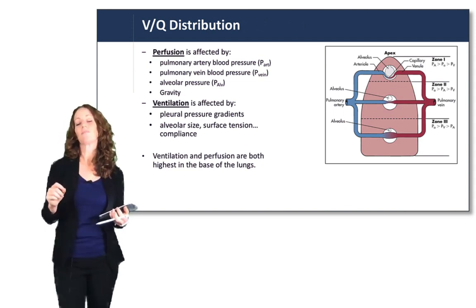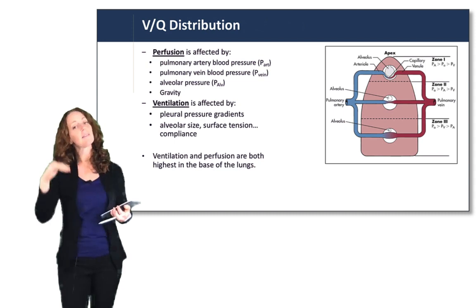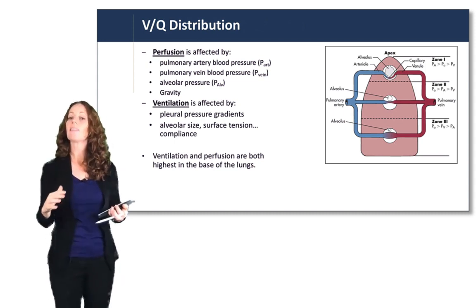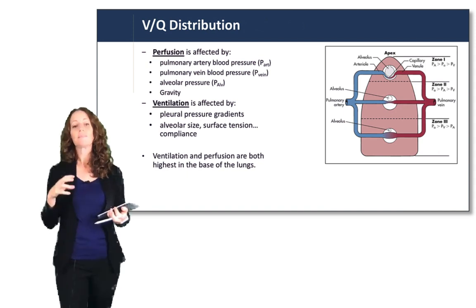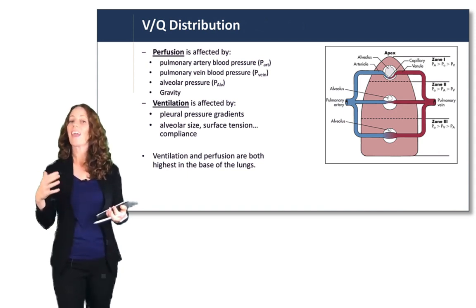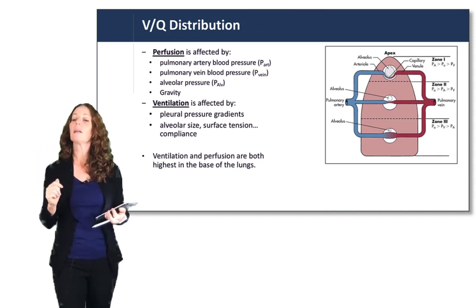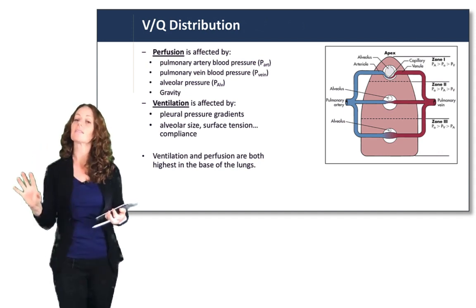The ventilation and perfusion, when we look from the apex to the base of the lungs, are actually highest at the base of the lungs. That's because we have both a higher compliance and a higher level of blood pressure in the base of the lungs.